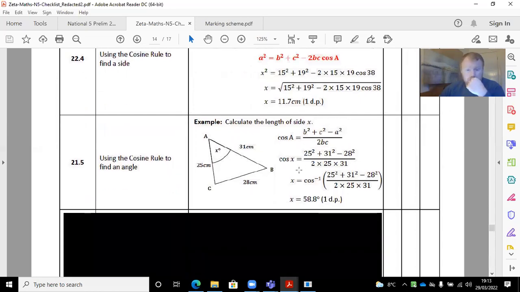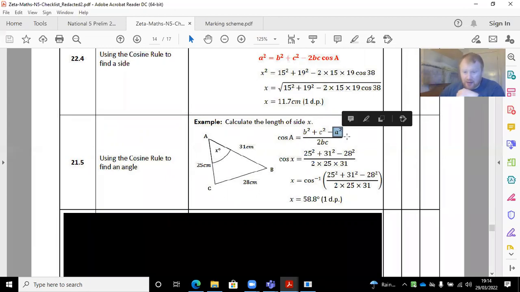Likewise, when you're finding the angle, it's really important that you get the right length. Really important you get the matching pair for it. The small a and the big A go together.